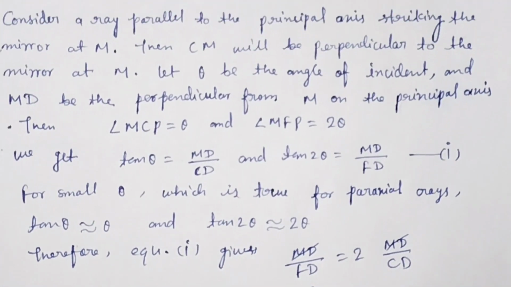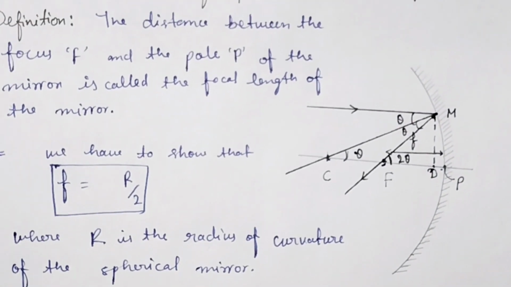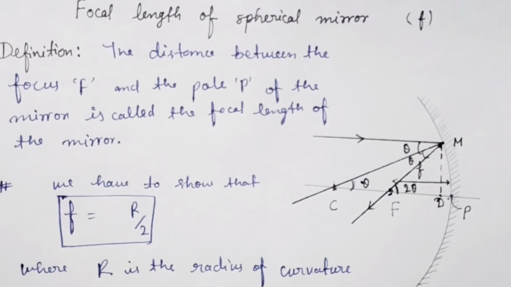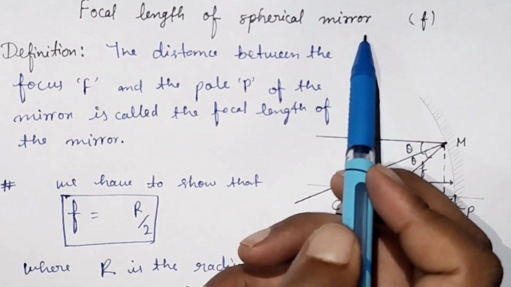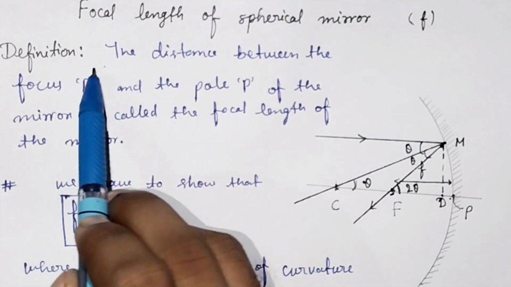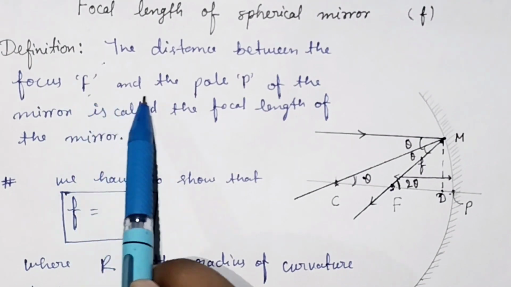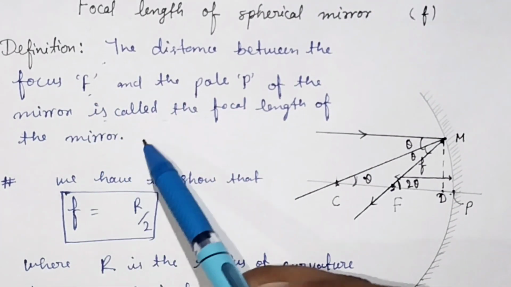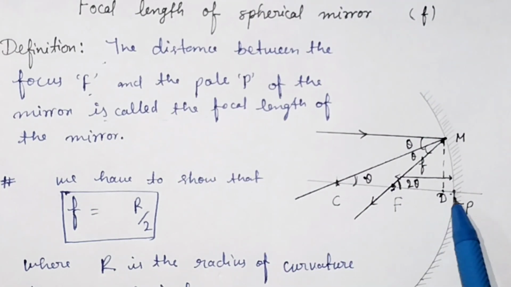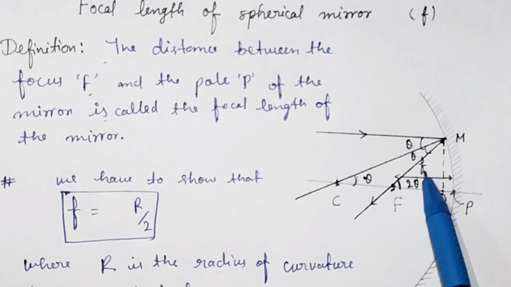So now a summary of this topic. The topic is the focal length of a spherical mirror. Focal length is small f. Definition: the distance between the focus F and the pole P of the mirror is called the focal length of the mirror. So you can see this is the focus and this is the pole P, and the distance between them is small f, known as focal length.